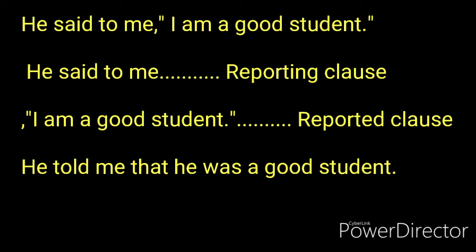And if there is no use of comma and inverted commas, that is indirect speech. This analysis is based on the structure of the sentence. We can tell the kind of sentence by observing its structure.